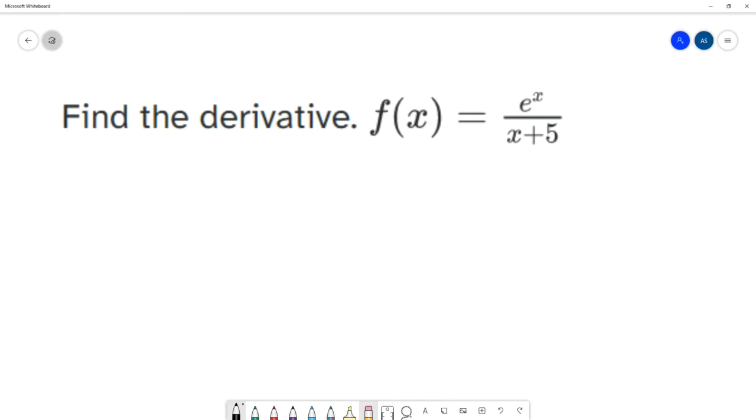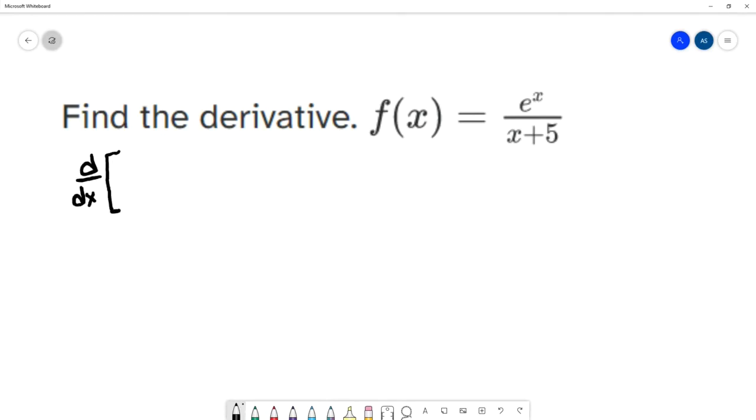In this example, we want to find the derivative of f of x equals e to the x over x plus 5. And we're going to find the derivative using the quotient rule because we have a fraction here. So with the quotient rule, I'm going to write out the rule for you.